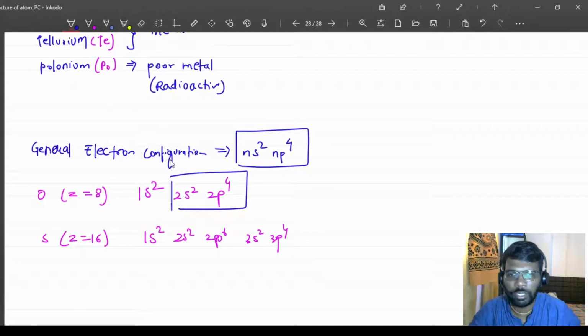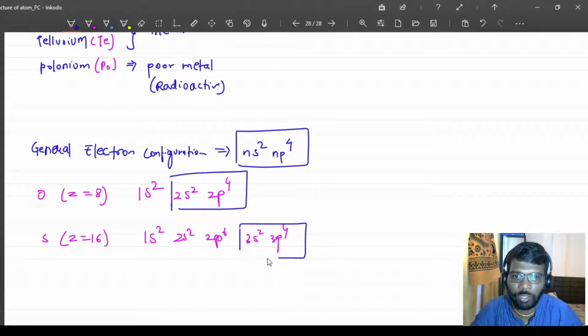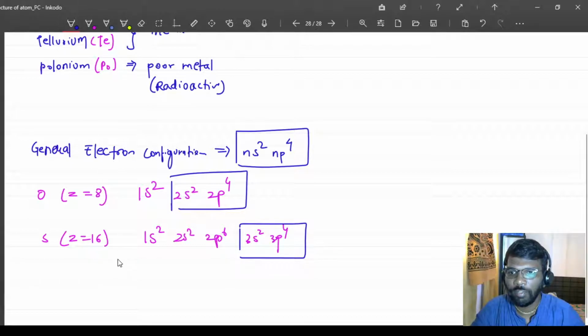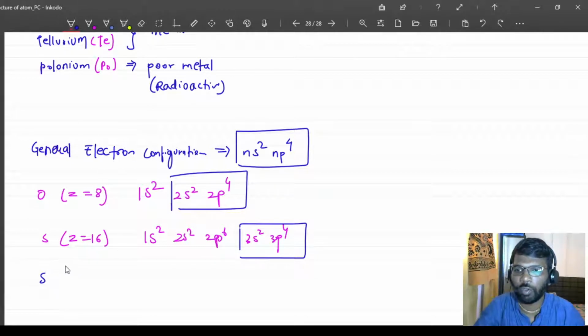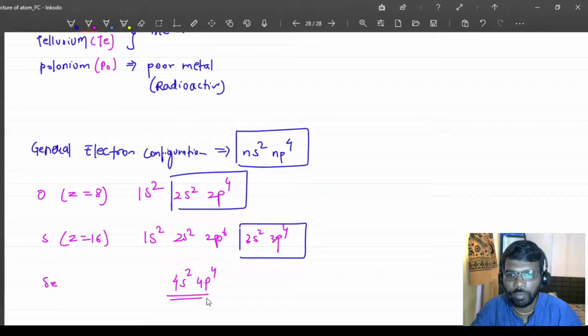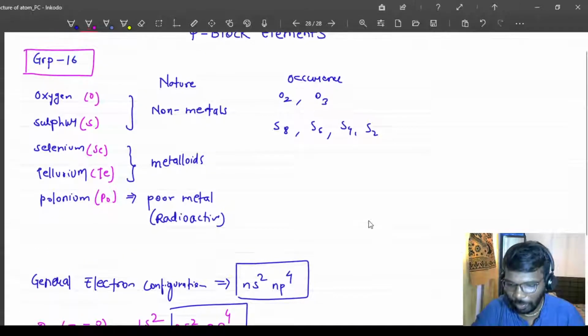This is the outermost electronic configuration of sulfur. The number before s and p represents the period number. Oxygen belongs to the second period, sulfur belongs to the third period. Same way for selenium, since it belongs to the fourth period, it will be 4s2 4p4. Same way you can write for the other elements also.